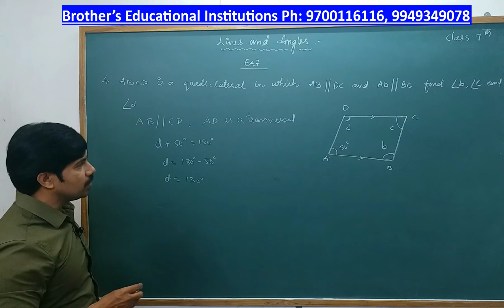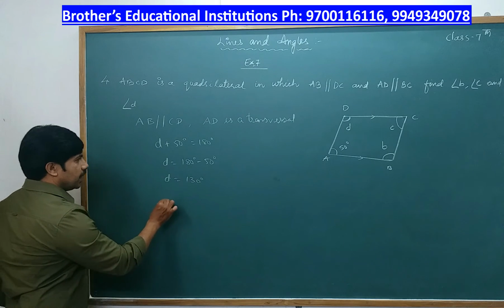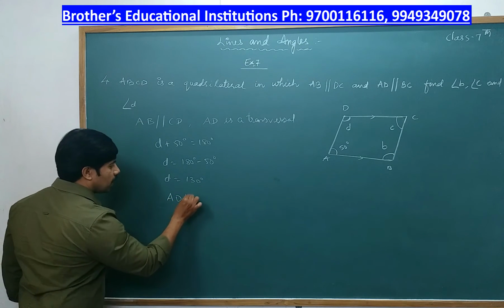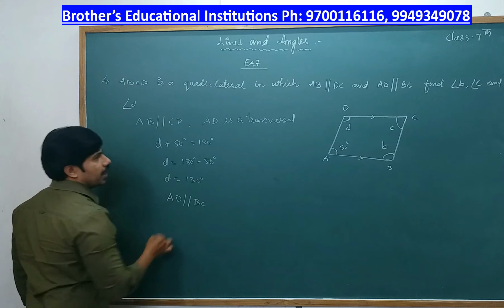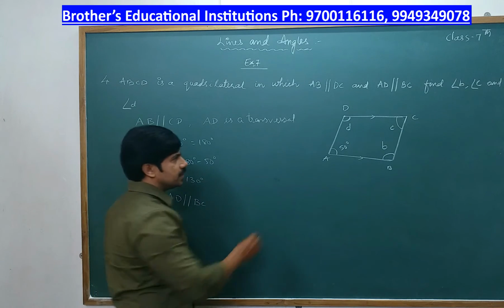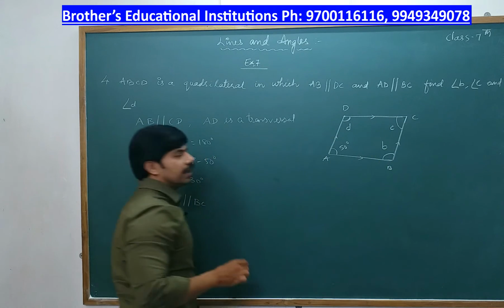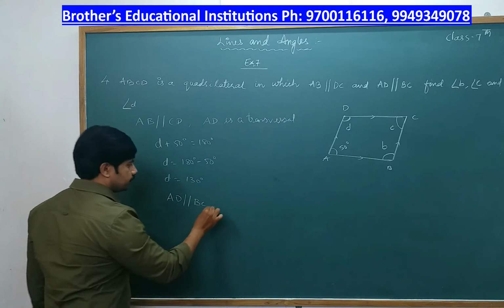Now after getting this D, we can find out C, because here one more pair of parallel lines is given, that is AD is parallel to BC. If AD is parallel to BC, then we say DC is the transversal.